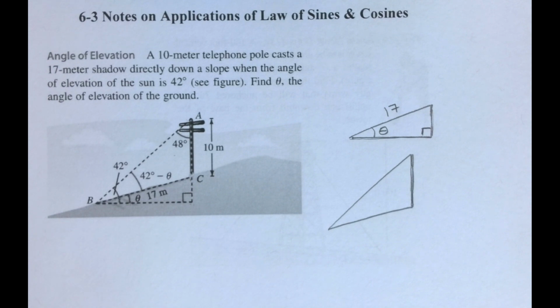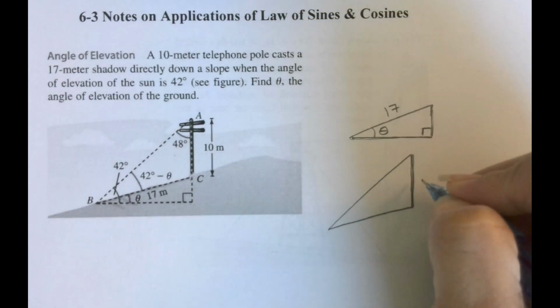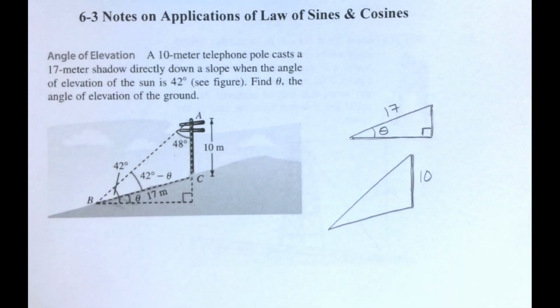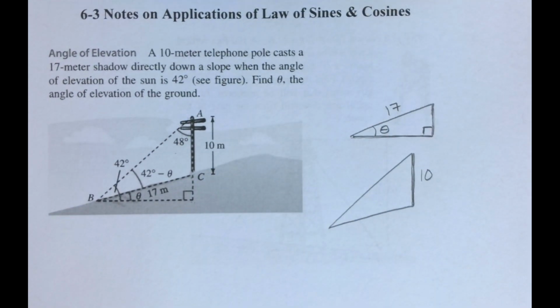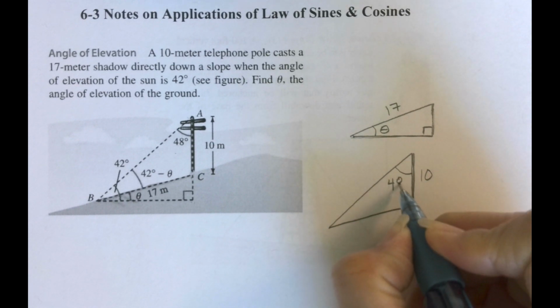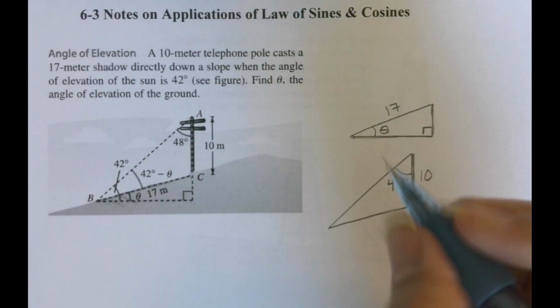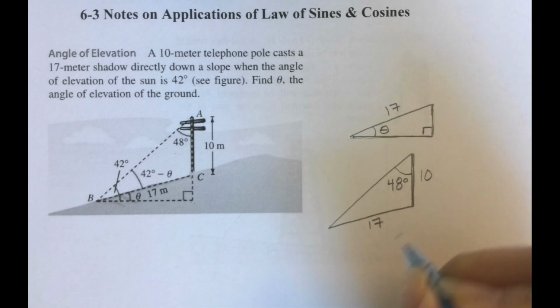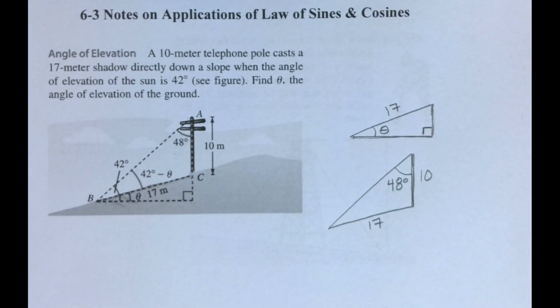One of the legs is 10 meters. Okay. The 10 meters. Top angle is 48 degrees. Very good. Bottom is 17 meters. So definitely a lot more information being pulled here, right? Now, are any of those angles actually theta?